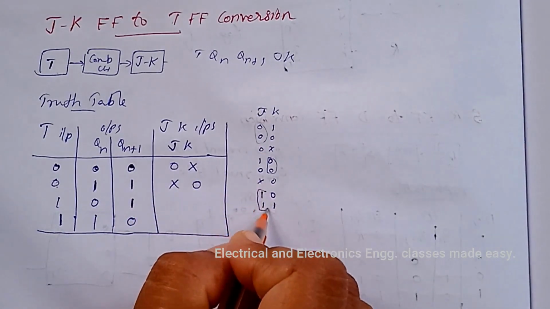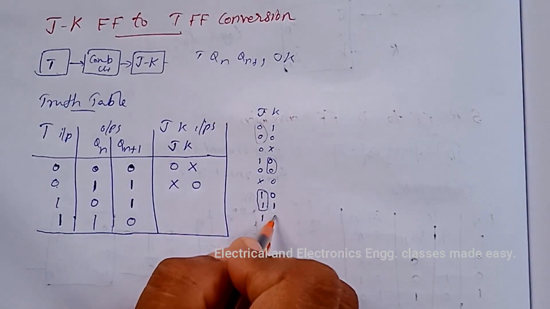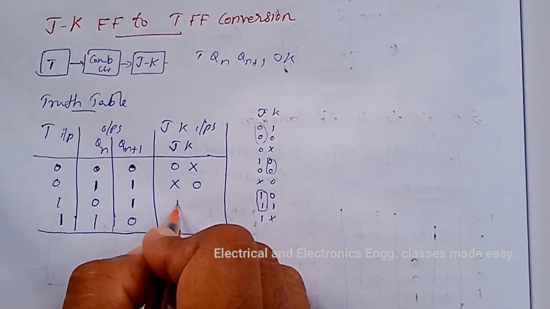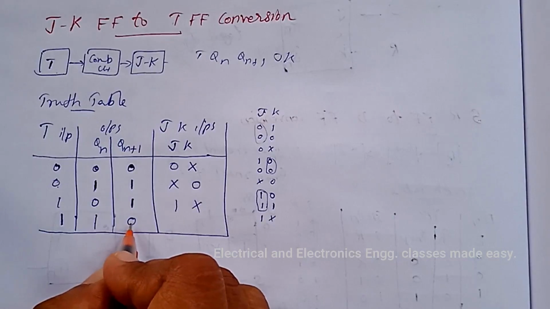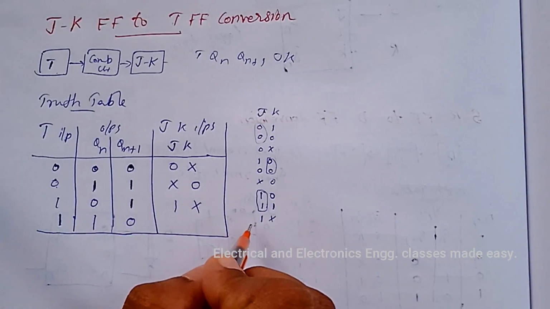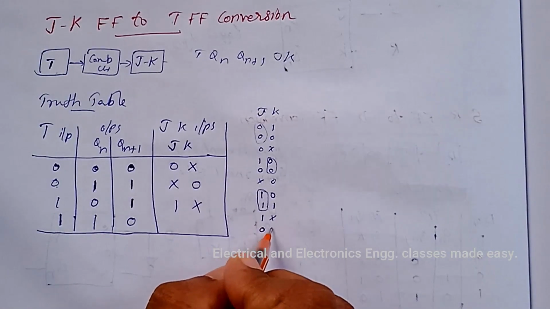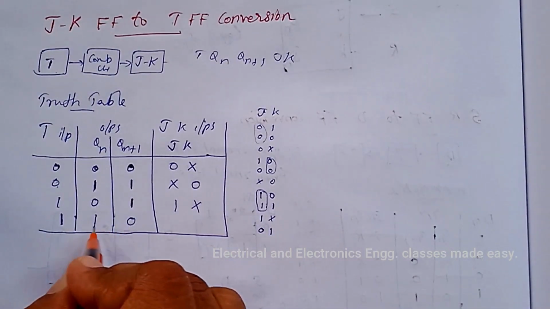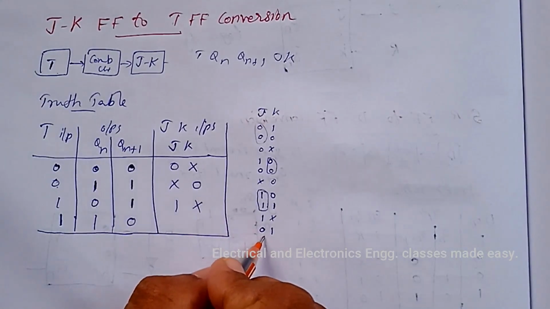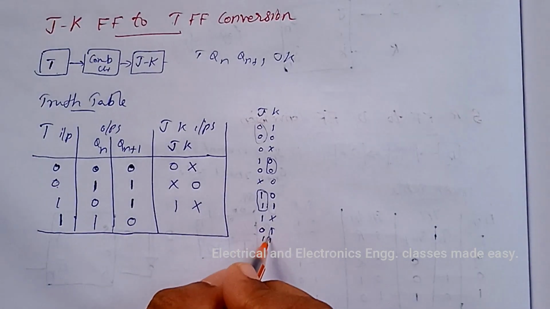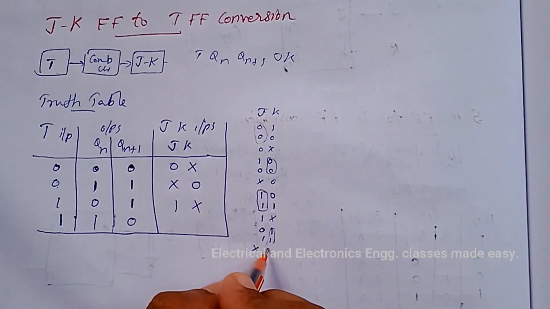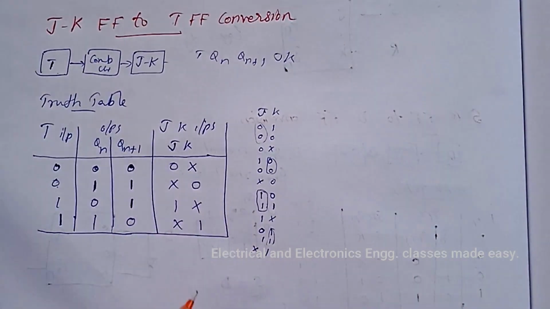So this is 1 and don't care, 1 don't care. And here this is 0. To obtain 0 as the output, the JK inputs are 0 1 and here also toggling condition, that is 1 1. So we get don't care 1, don't care 1.